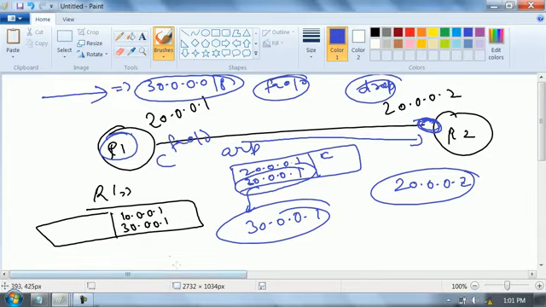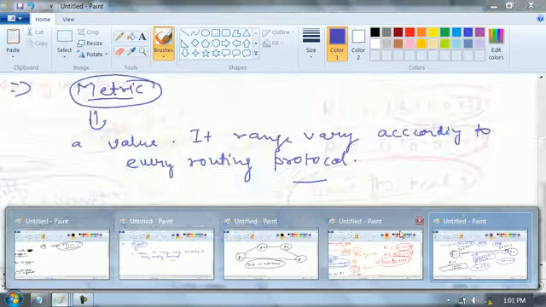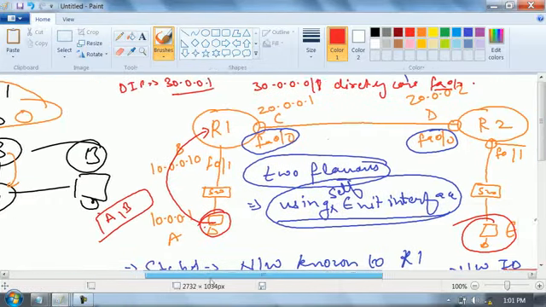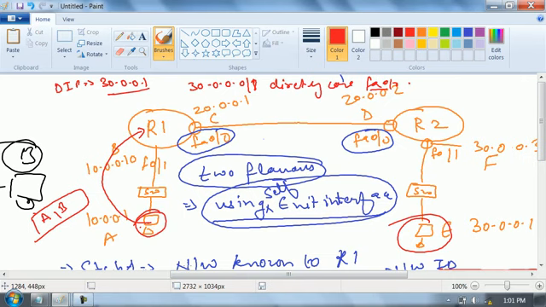10.0.0.1 and 30.0.0.1 will never be able to communicate. Have you people covered this scenario also in the lab? No? You have just done one case, that is by using next hop. So today you will go to the lab, you will do the same case.